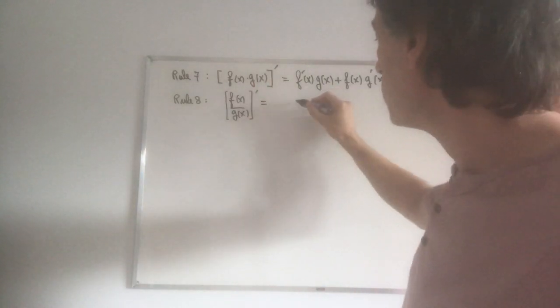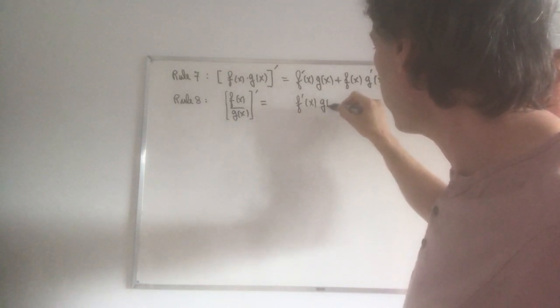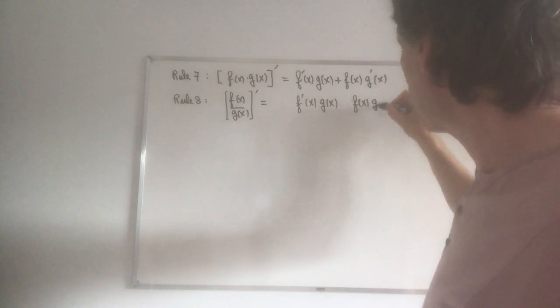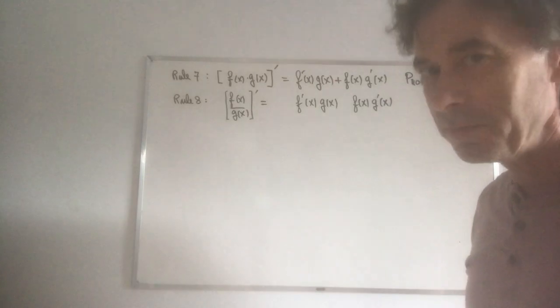So what is this? I'm going to rewrite exactly what I have above. So f prime g, and I'm going to put here f g prime. So is it the same thing with a minus? Not quite, but a little bit.